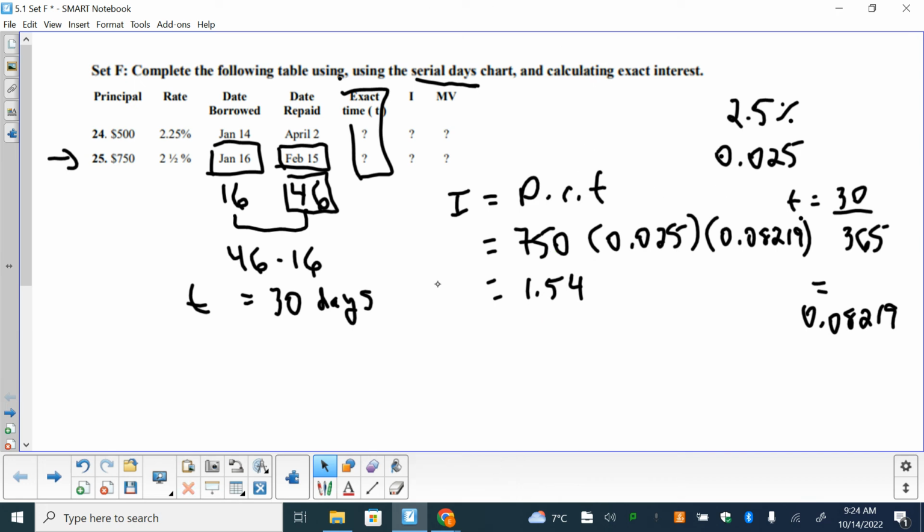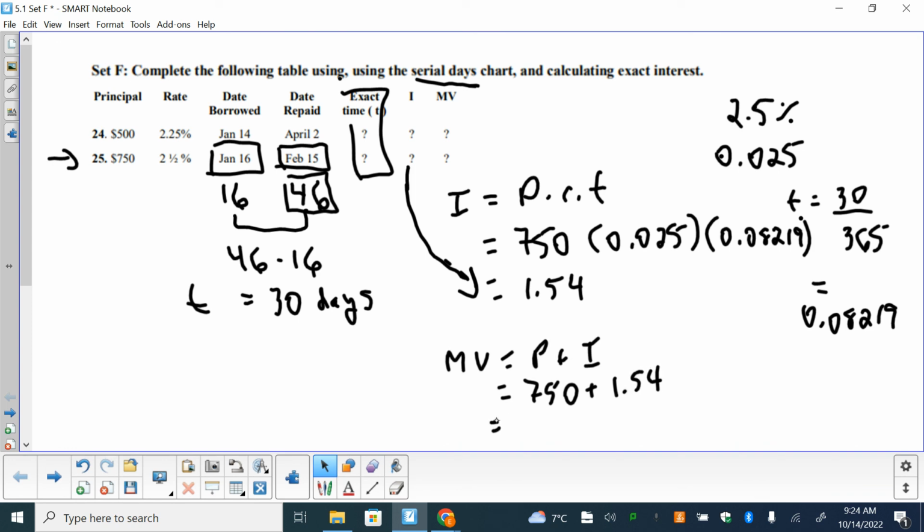So that part's done, that's your I. And then the maturity value is your principal plus your interest. My principal was $750 plus interest of $1.54, so 751.54.